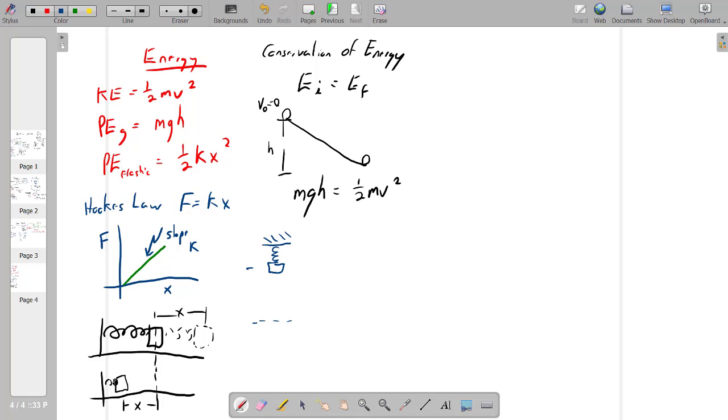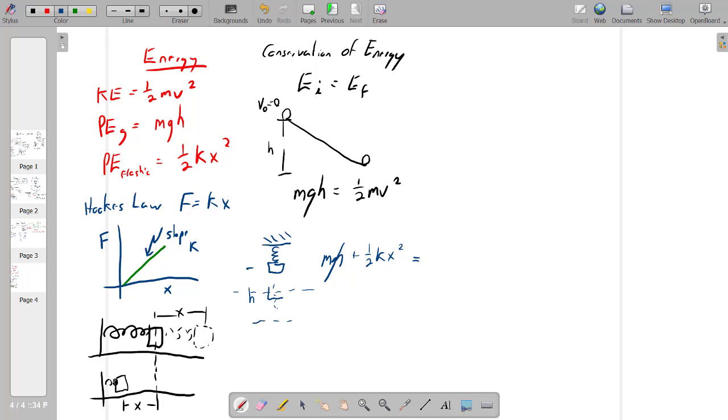If it had a certain height, it would be mgh. If it had a potential energy to the spring, it would have 1/2 kx squared, but no kinetic initial. And then final, if it comes down here, well, let's say at the equilibrium position.